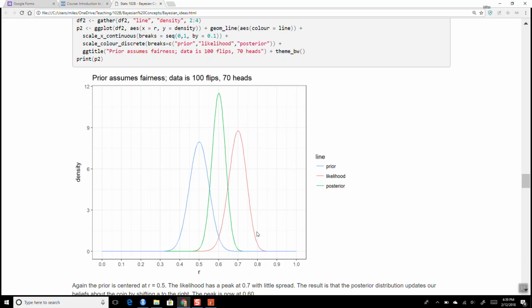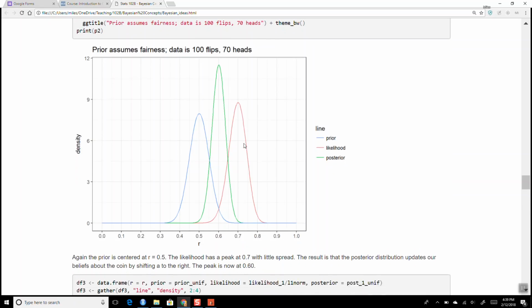If my data had something like 400 flips and 280 heads, then this likelihood would be centered at 0.7, but would be skinnier and pointier and more narrow, and then the posterior would also be a blend between this and this, but it would probably be closer to 0.67 or something, because now the likelihood carries a little bit more weight there.